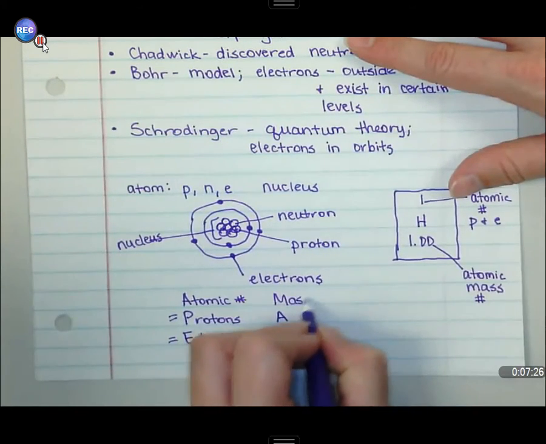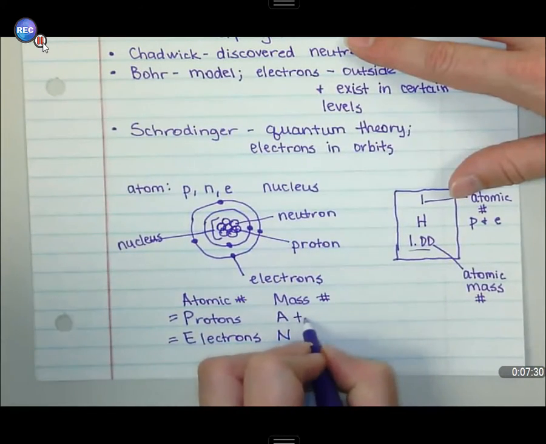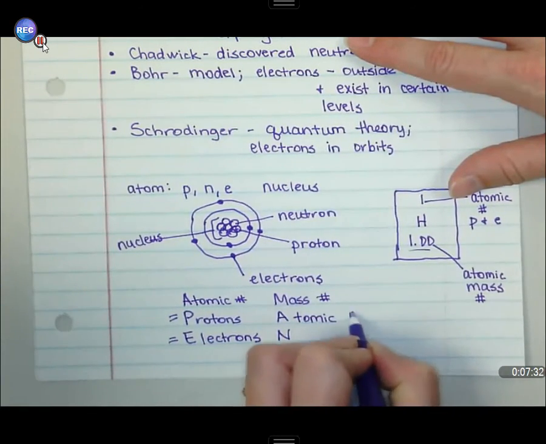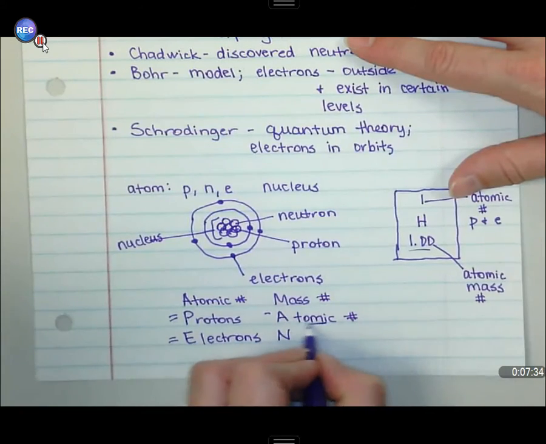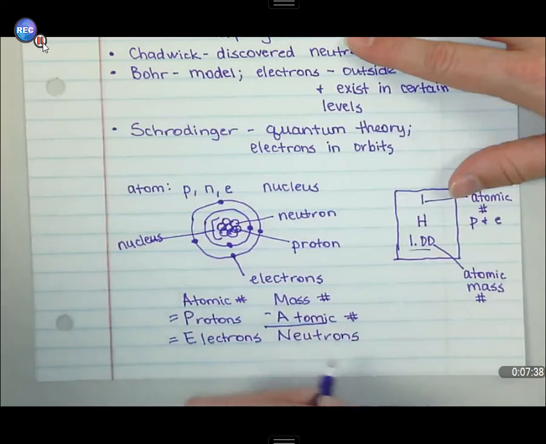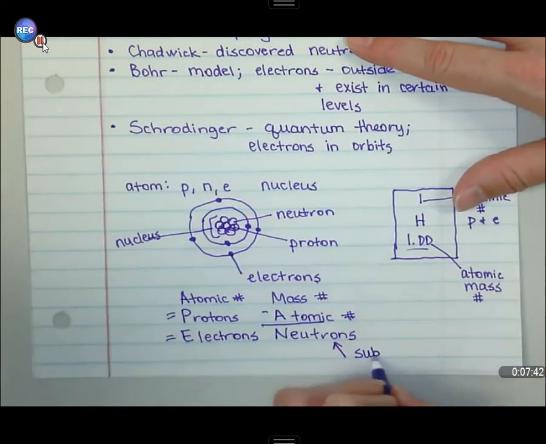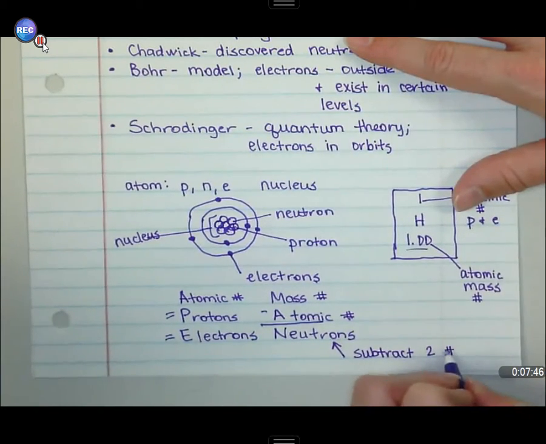This is your mass number, so this guy, minus your atomic number. Subtract them, and you get your neutrons. Another way to think about your neutrons is that you're going to subtract the two numbers in the periodic table.